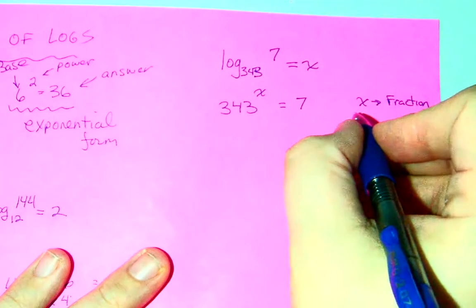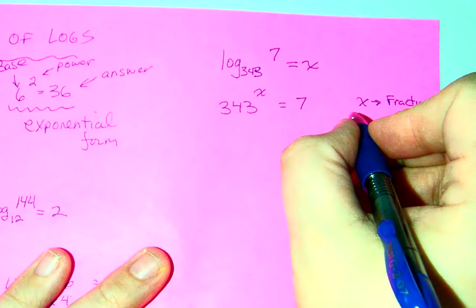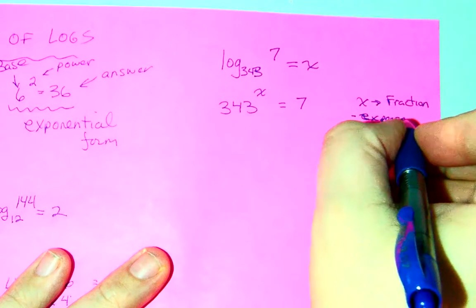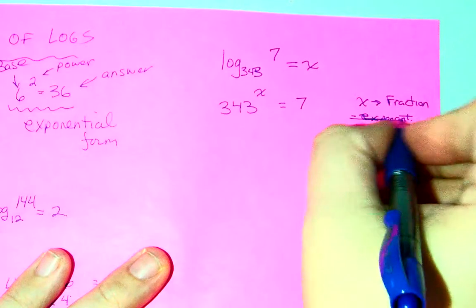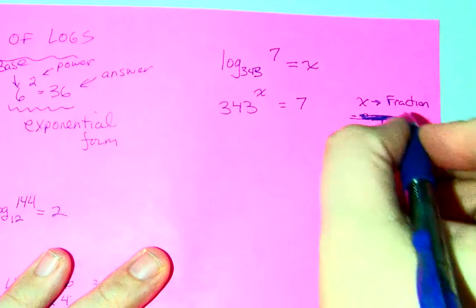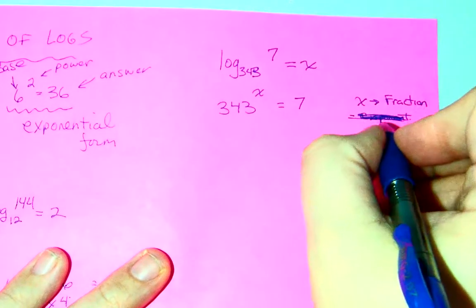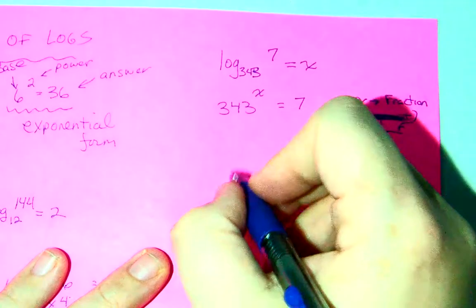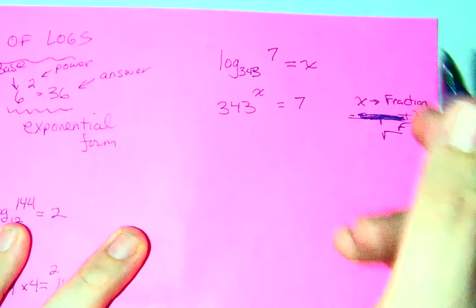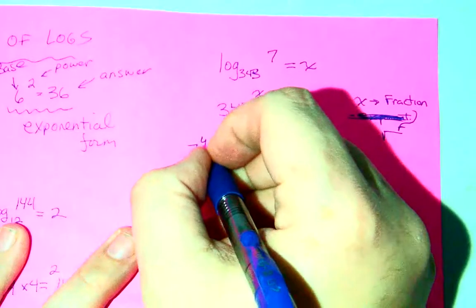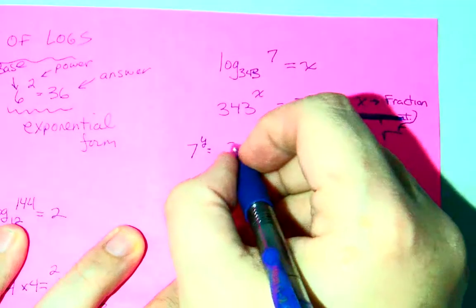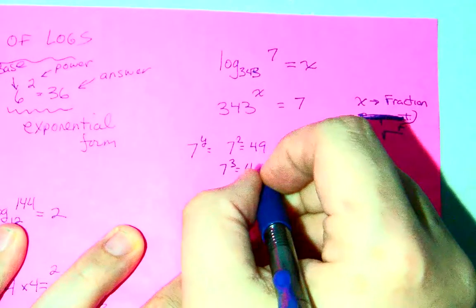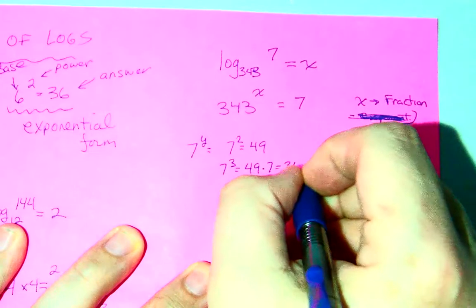Or even better yet, it might be a negative exponent, too. No, not a negative exponent, a fraction. Because if x is a power and a fraction, it is going to give us a root of some kind. So if I take 7 squared, that's equal to 49. 7 cubed is equal to 49 times 7, which is 343.